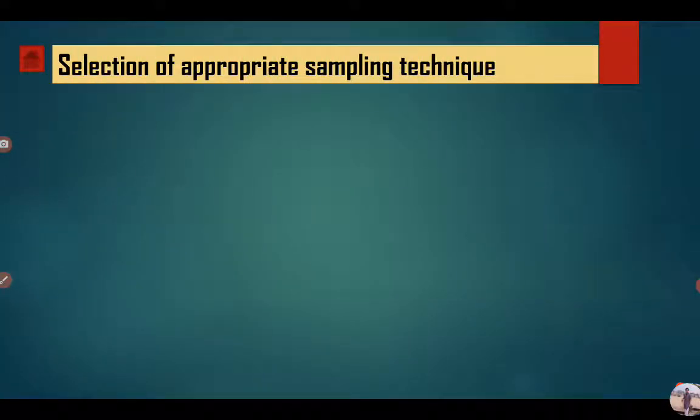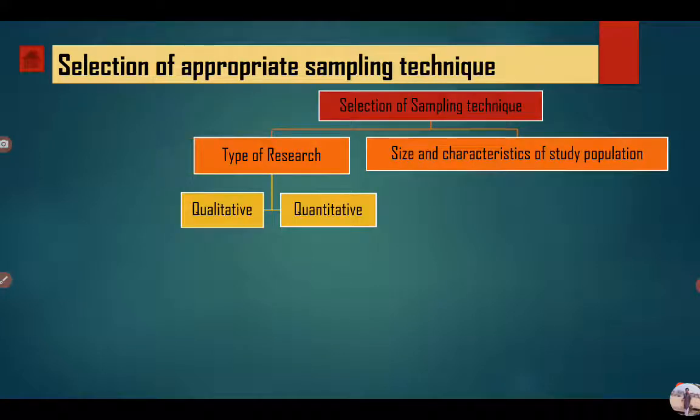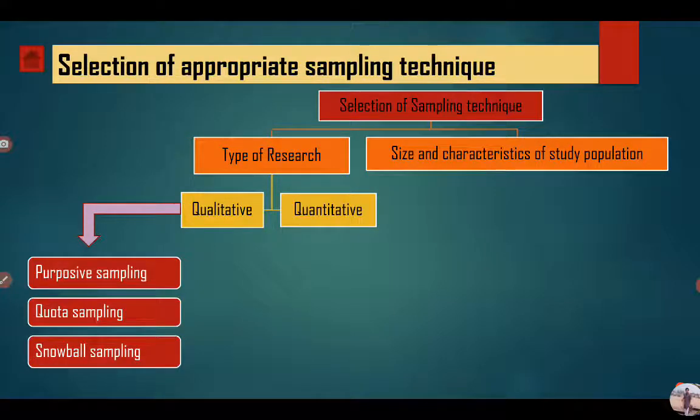Selection of the appropriate sampling technique. The selection depends upon the type of the research and the size and characteristics of the study population. According to type, in qualitative research, purposive, quota and snowball sampling techniques are used.